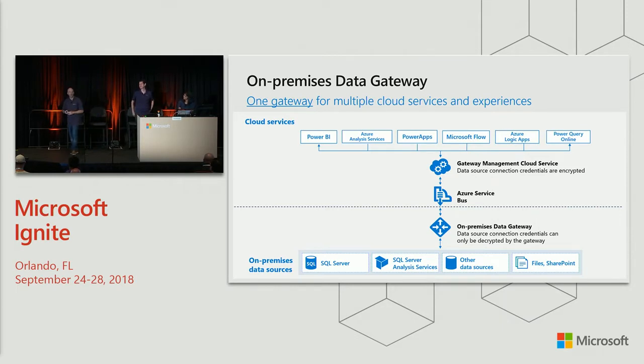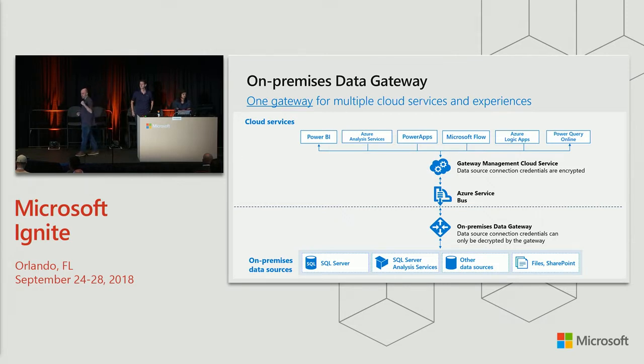Well, from all of those services, you can actually use the gateway to get to on-premises sources. The gateway and the cloud service that's backing up this gateway with all of these services is the one that takes care of managing connection credentials and encrypts them in a very secure way and protects access to just the gateway and the pieces that need to access them. Communication between that gateway cloud service and the on-premises component that you need to install for the gateway is done via Azure Service Bus.